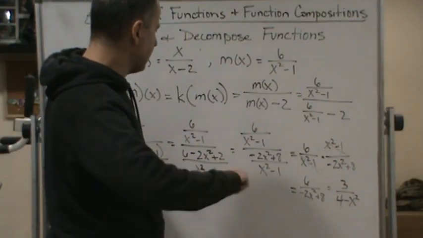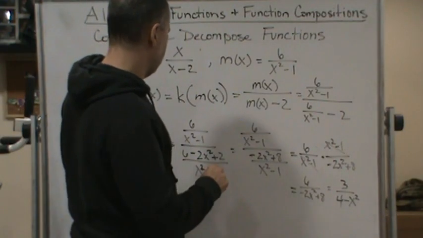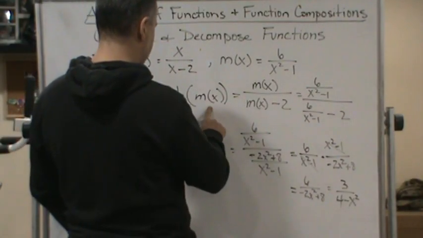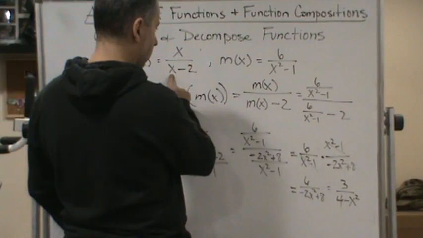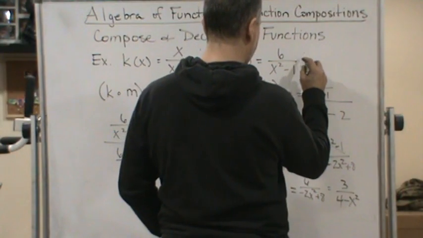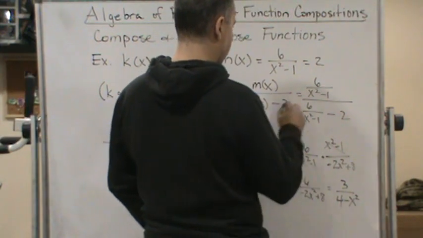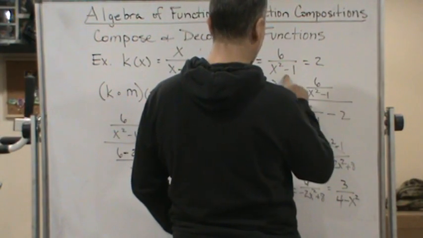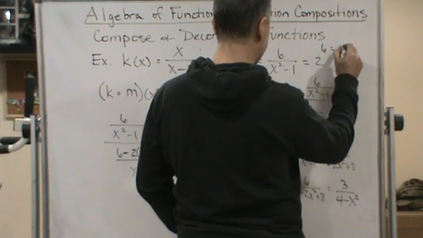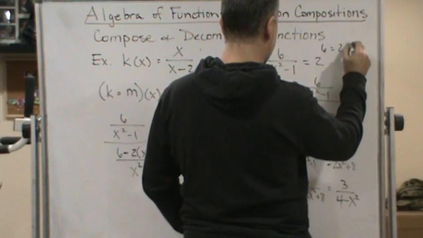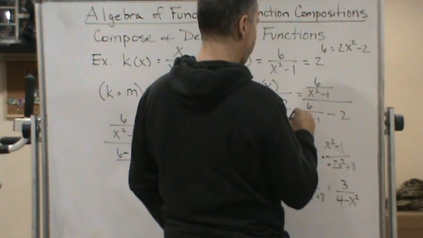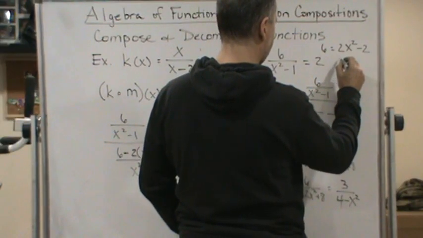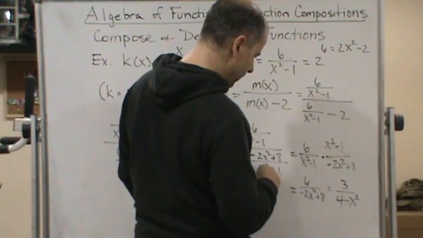And I want to say that let's see here, this would be anything that gives a 2 here. So if this is equal to 2, maybe, so this was 6 equals 2x squared minus 2, which would be, oh, no, I think I did it right.